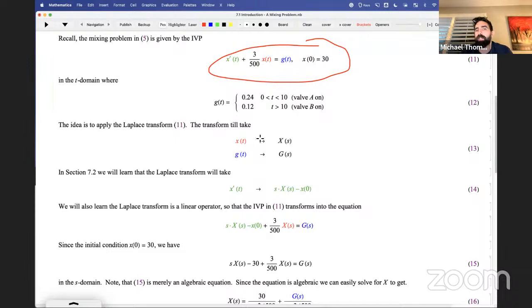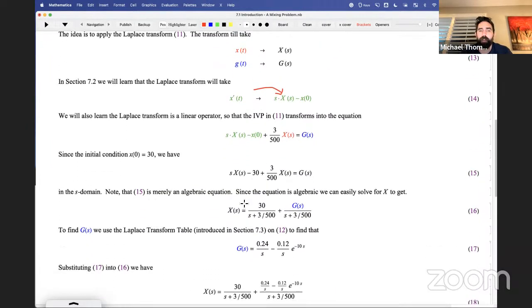The x gets transformed into a capital X, and the little g to the big G, and for the x prime, we haven't talked about how to transform a derivative. So we're going to talk about this rule today. There's also one for the second derivative and third derivative, and there's a pattern. That'll be helpful.